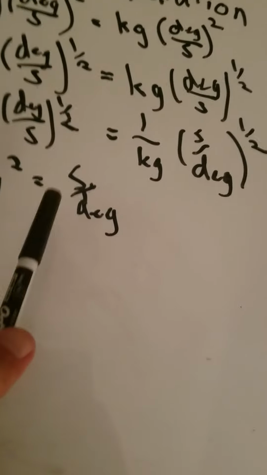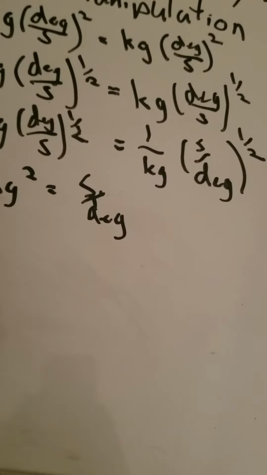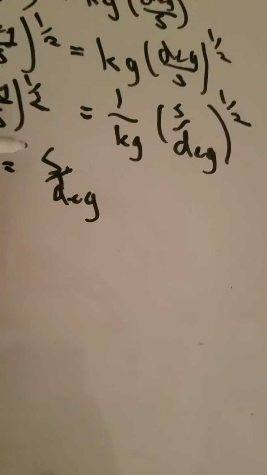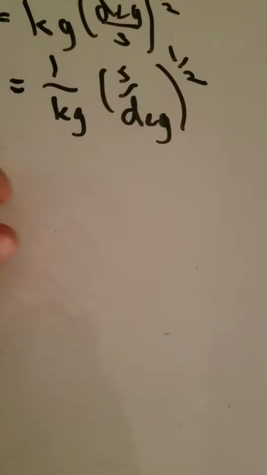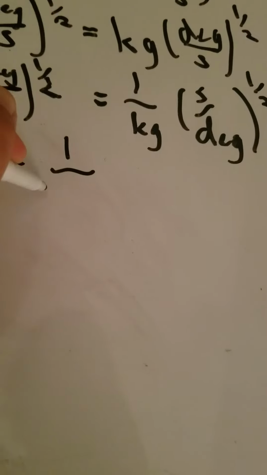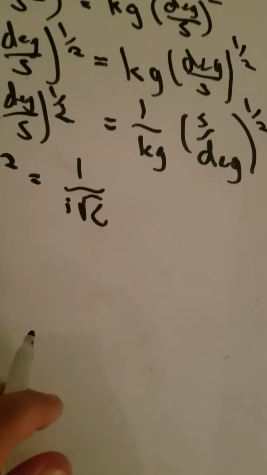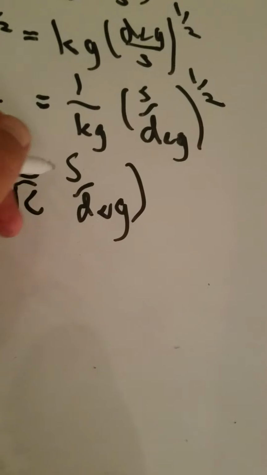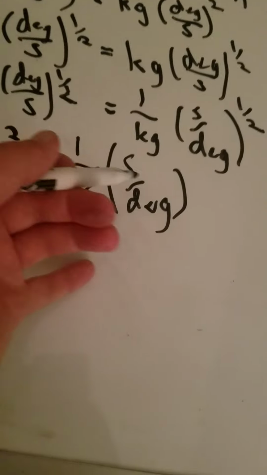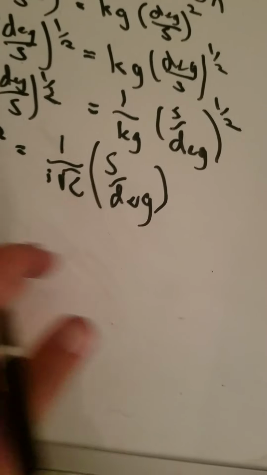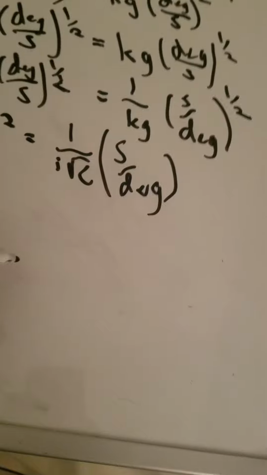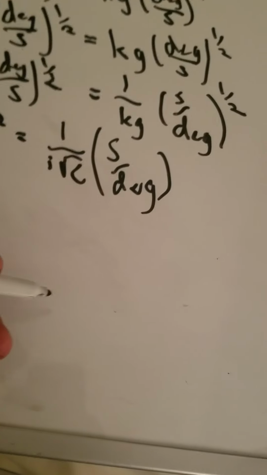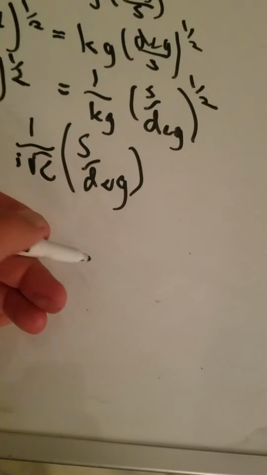The reason I didn't include C is because including C would mean it'd be 1 over the square root of C times seconds over degrees. That just means the whole right side would be 1 over that overall, over the integral from 0 to infinity of cosine plus the integral from 0 to infinity for the I sine.